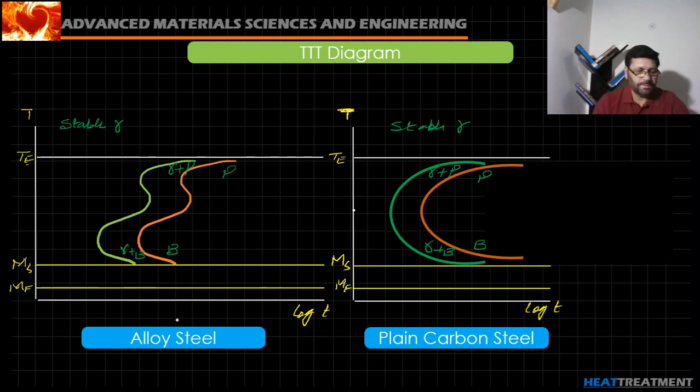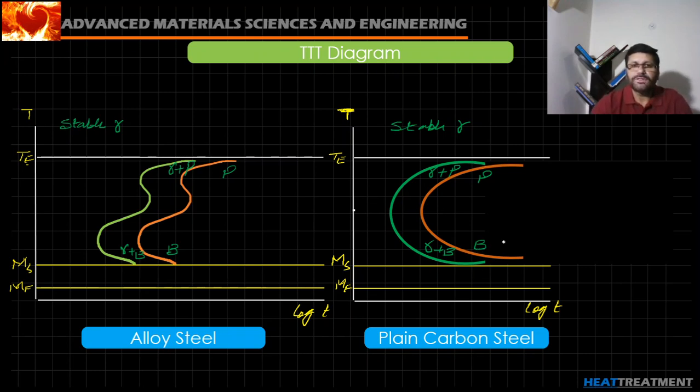Now the first significant effect is that in the TTT diagram for the case of alloy steel we have two C curves for the pearlite and two C curves for the bainite, whereas for plain carbon steel we have the same single C curve for the pearlite as well as for the bainite.